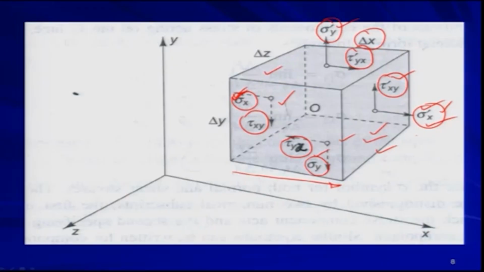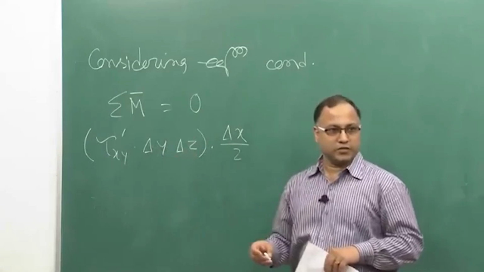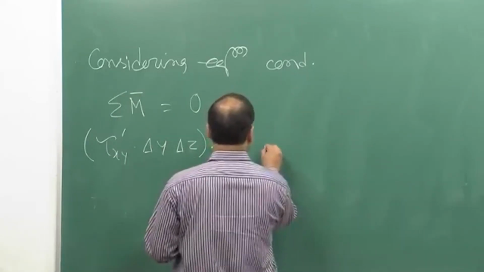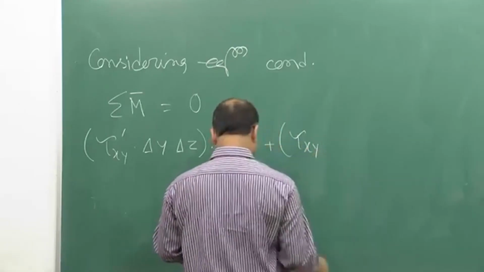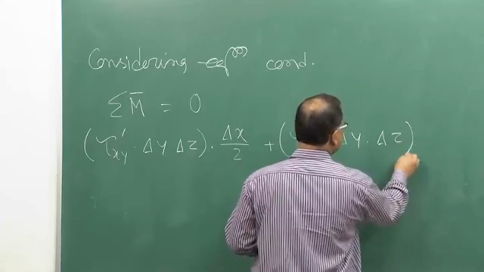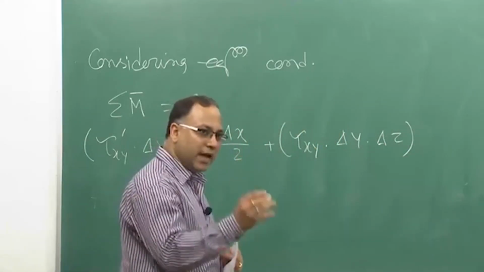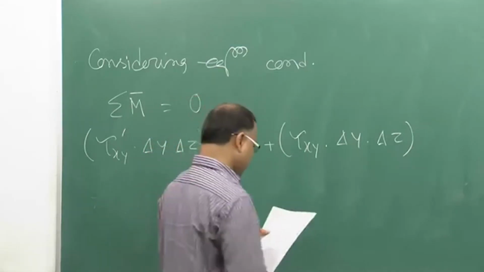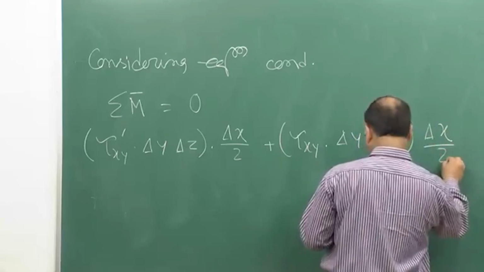Okay. That force multiplied by delta x by 2 is giving you the moment. Similarly, the next part, tau xy delta y delta z, is the force which is acting on the negative x plane along the y direction, multiplied by del x by 2.